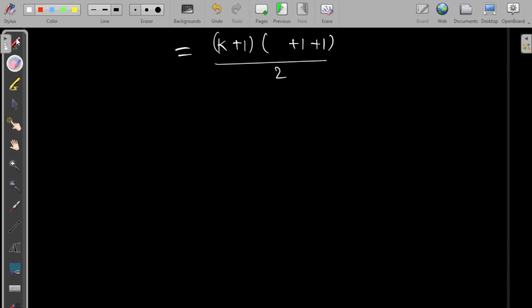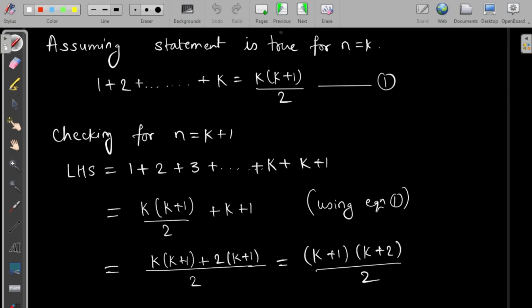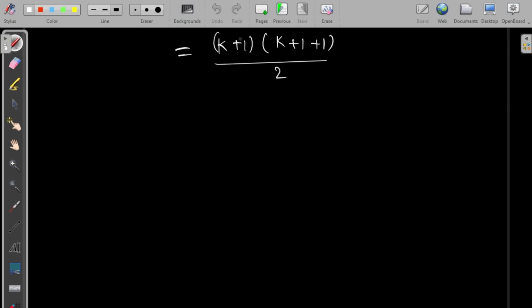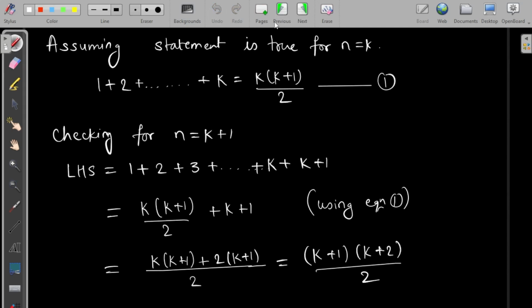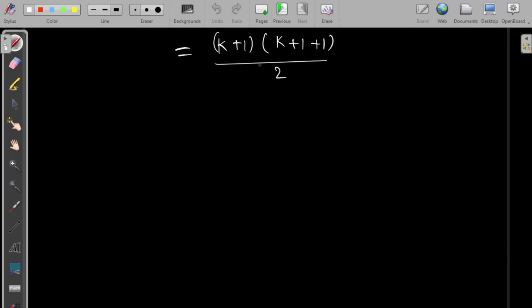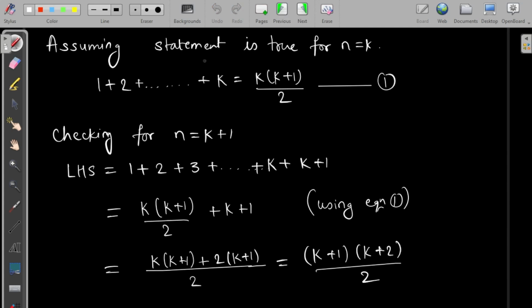Do you remember our n was k plus 1 itself? So it is like n into n plus 1 over 2. It means the statement is true for n equals to k plus 1 as well. So this is equal to the RHS for n equal to k plus 1, right?